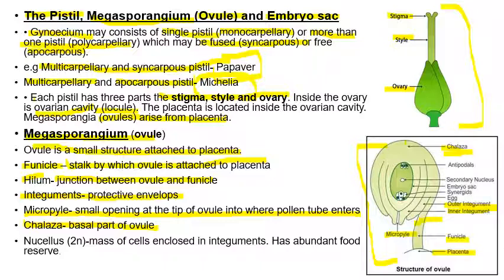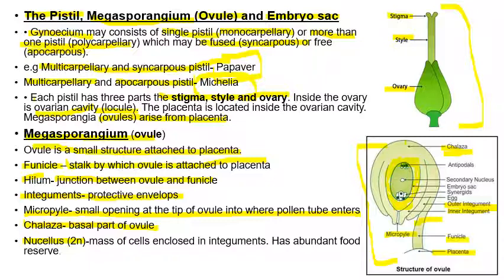Now the nucellus. Inside the outer and inner integuments, the nucellus layer is present. Nucellus is a protective, nutritive layer present around the embryo sac, and it provides nourishment. Here I have shown it as the yellow part on the outer side of the embryo sac.